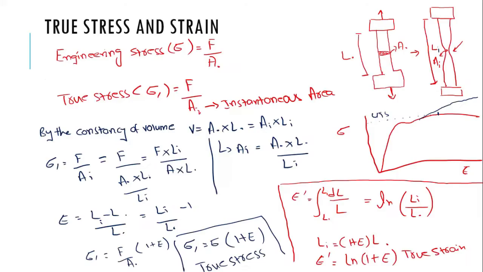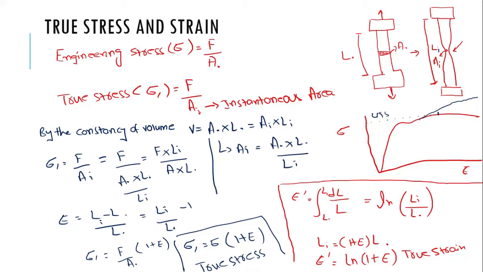From here we can see that the true stress relies on the instantaneous area, while the engineering stress relies on the original area of the specimen. That's why after strain hardening, when the cross-sectional area starts to reduce, or when the necking begins, the true stress value keeps on increasing, while the engineering stress value starts to reduce.